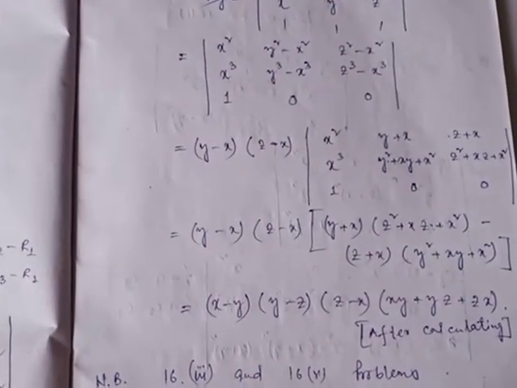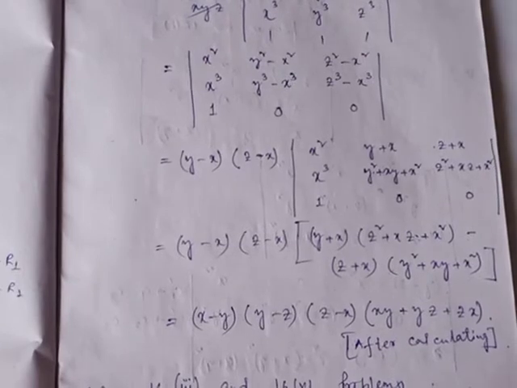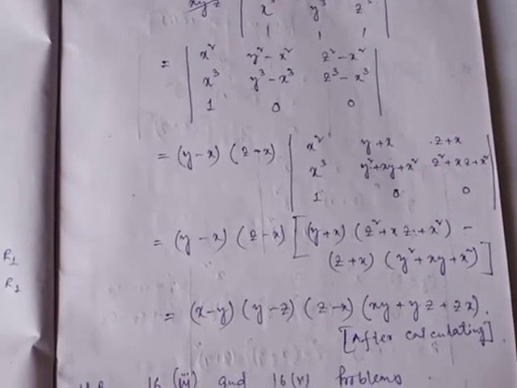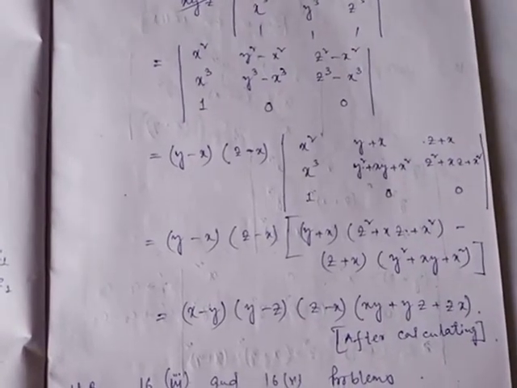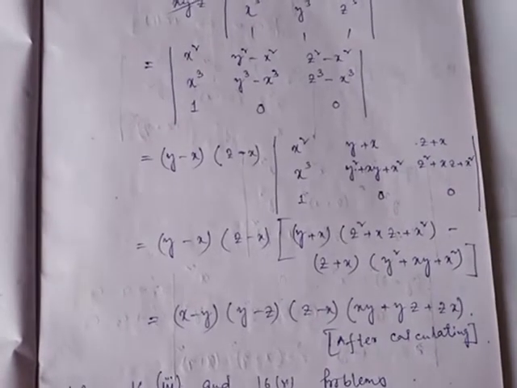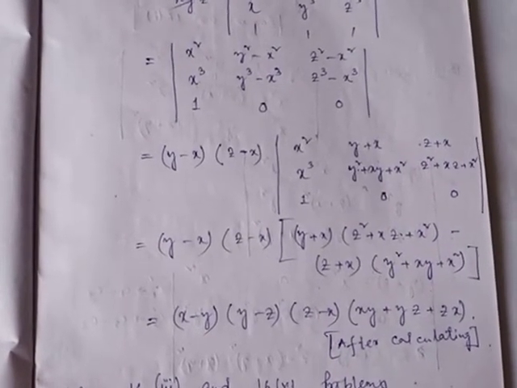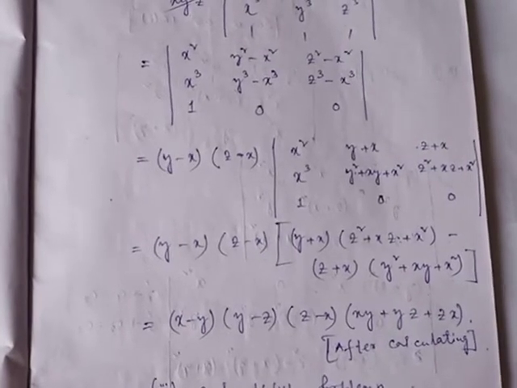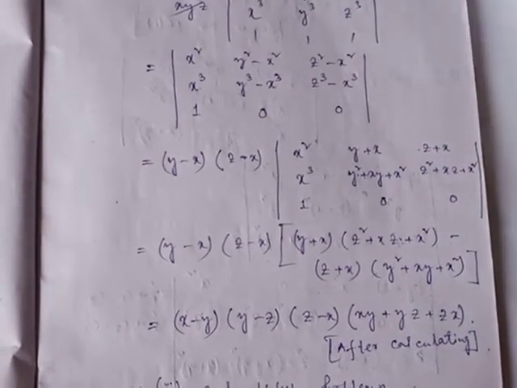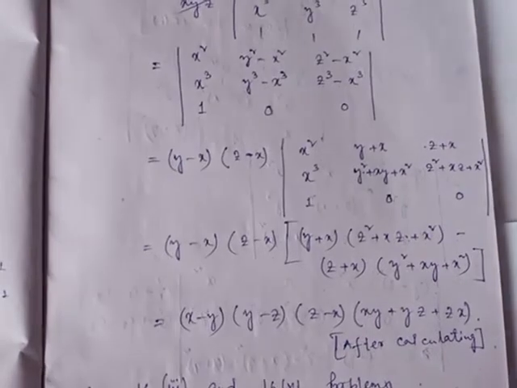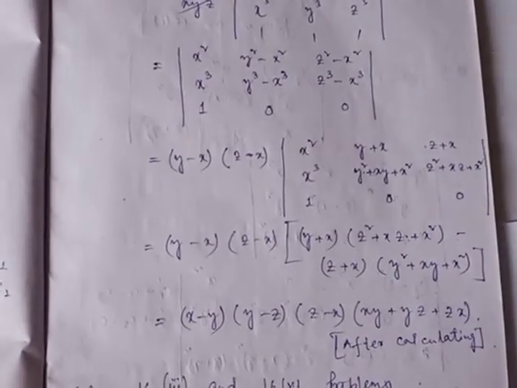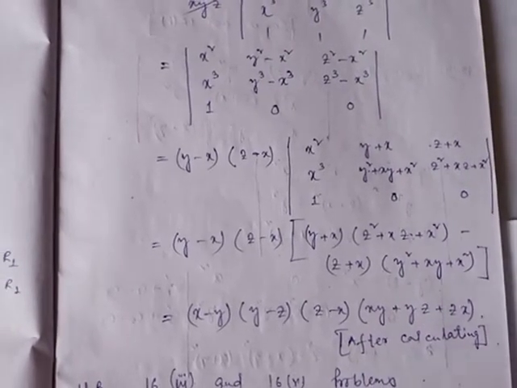So then after applying, y minus x, z minus x common, and the remaining part after multiplying we get x minus y, y minus z, z minus x into xy plus yz plus zx. This is right hand side which will be given.